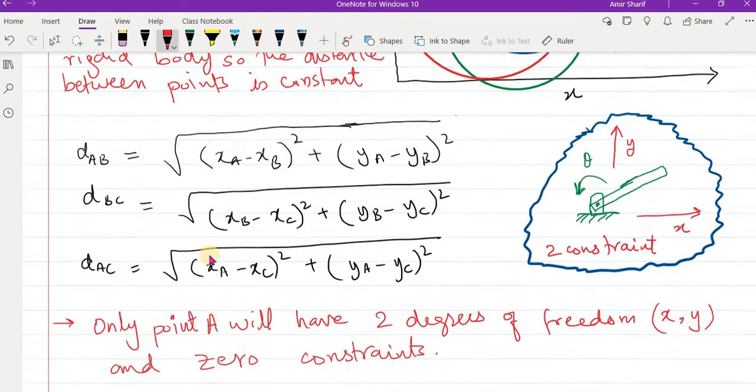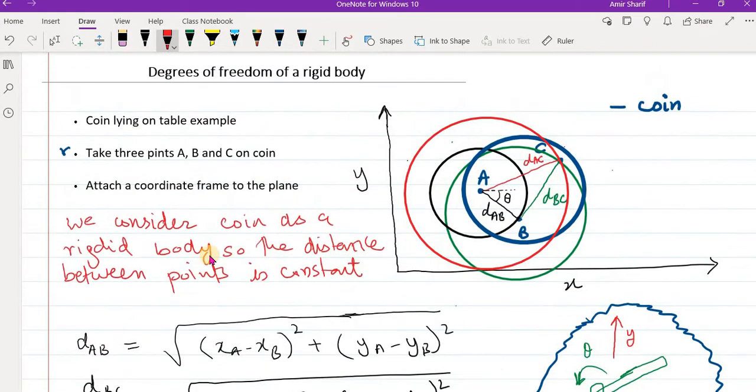Now let's talk about point C. Point C must be located at a fixed distance from point B, and the distance is dBC. And this point C also must be located at a fixed distance from point A, which is distance dAC.